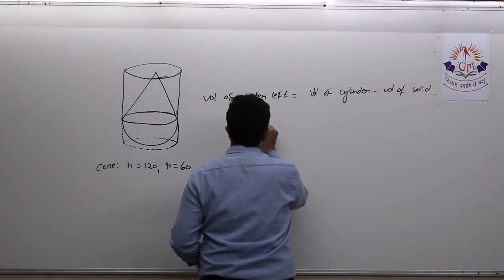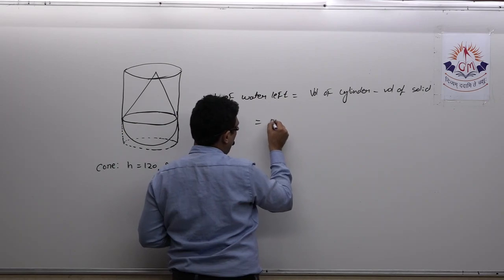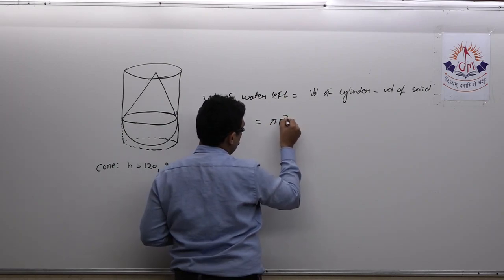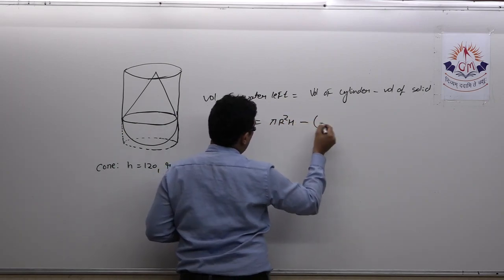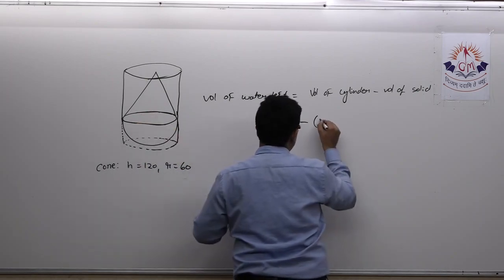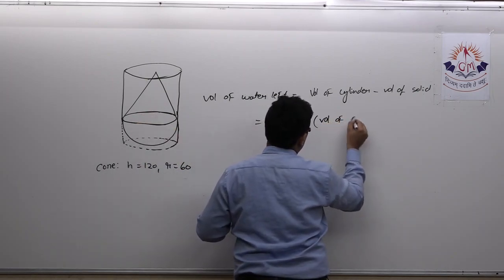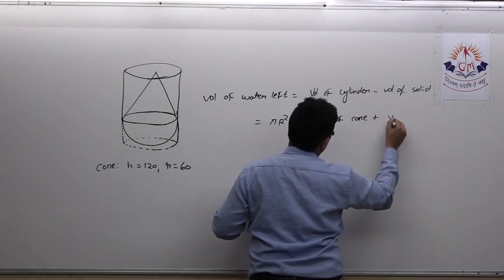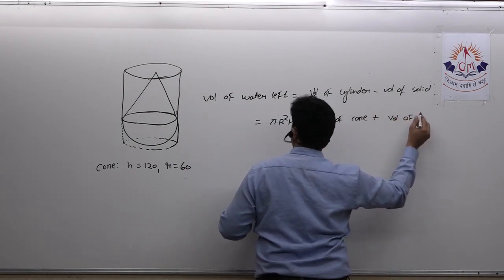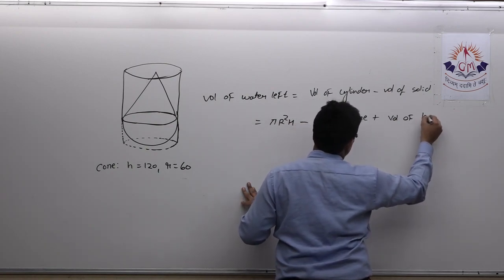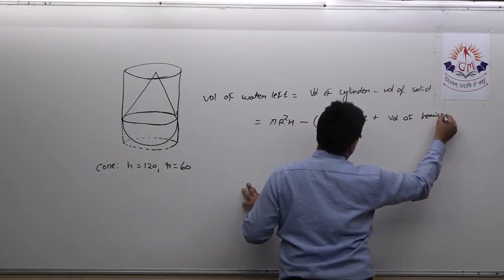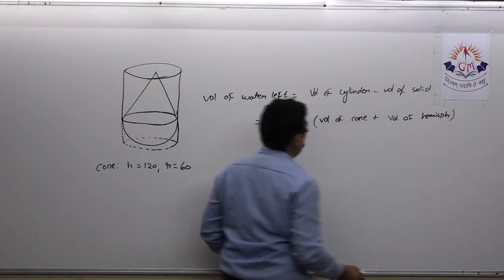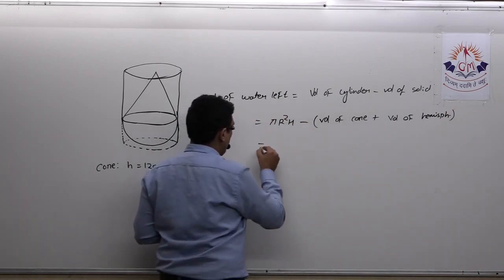Now volume of cylinder we know is pi r square h. Volume of solid is volume of cone plus volume of hemisphere. We need to know the formulas of all these.